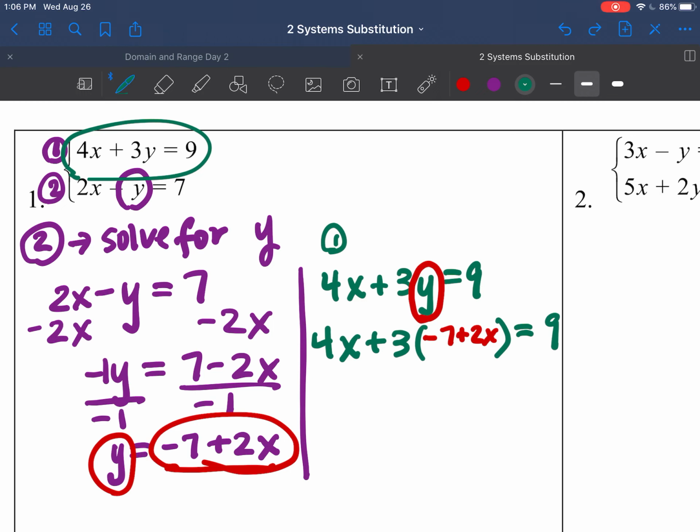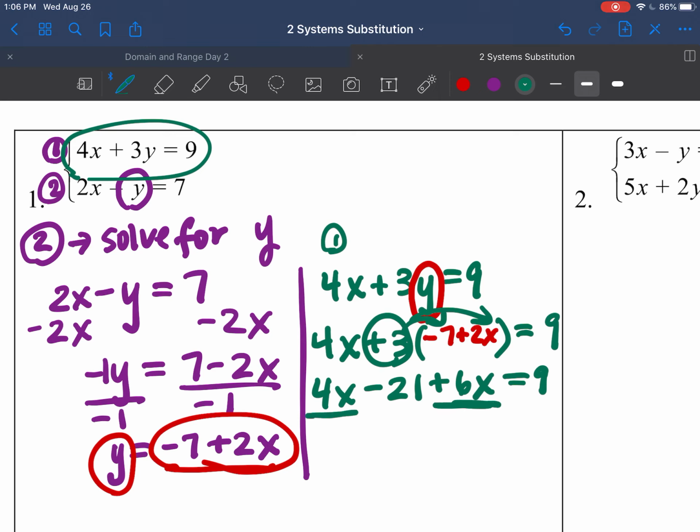I just need to simplify it and solve for x. And so the first thing we have to do is distribute this 3 inside the parentheses. 3 times -7 is -21. 3 times the 2x is 6x. Now we need to combine these like terms. 4 plus 6 is 10x.